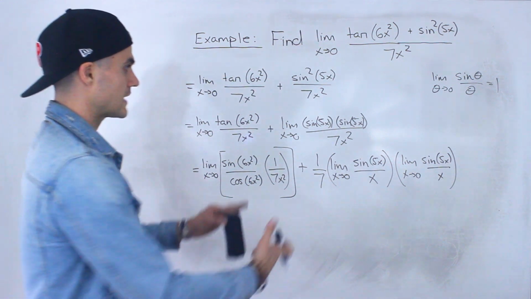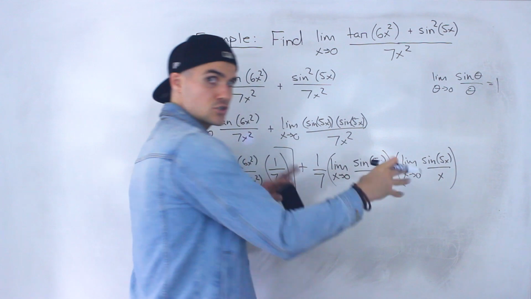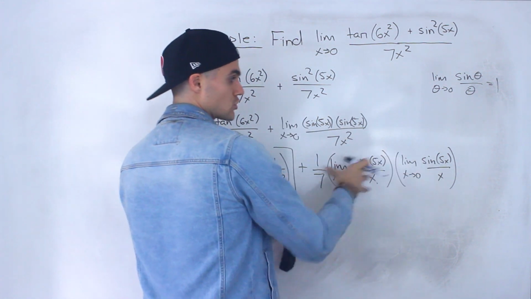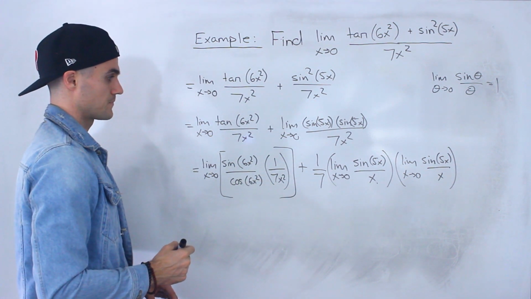Basically I took out this 7, then I split up this x into two separate x's, and distributed the limit to both of those expressions.